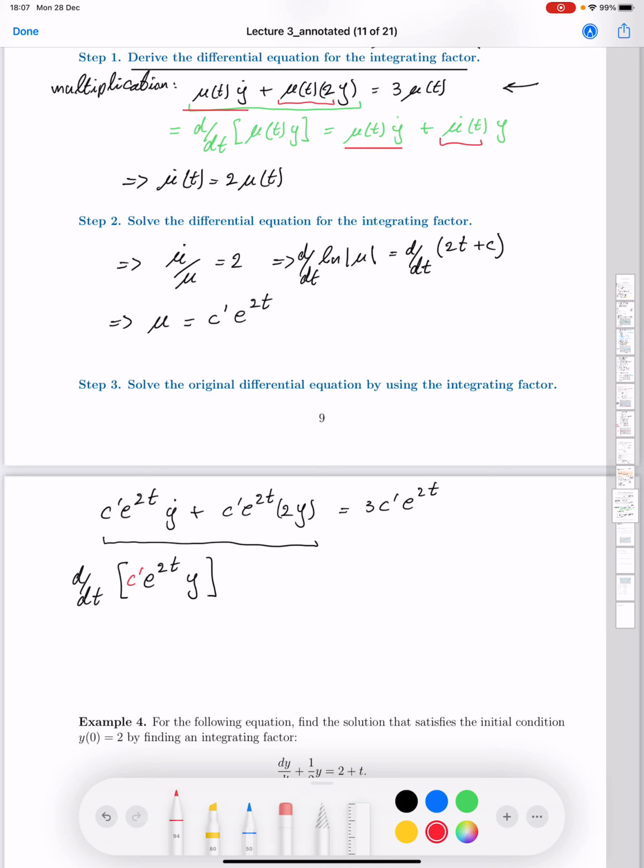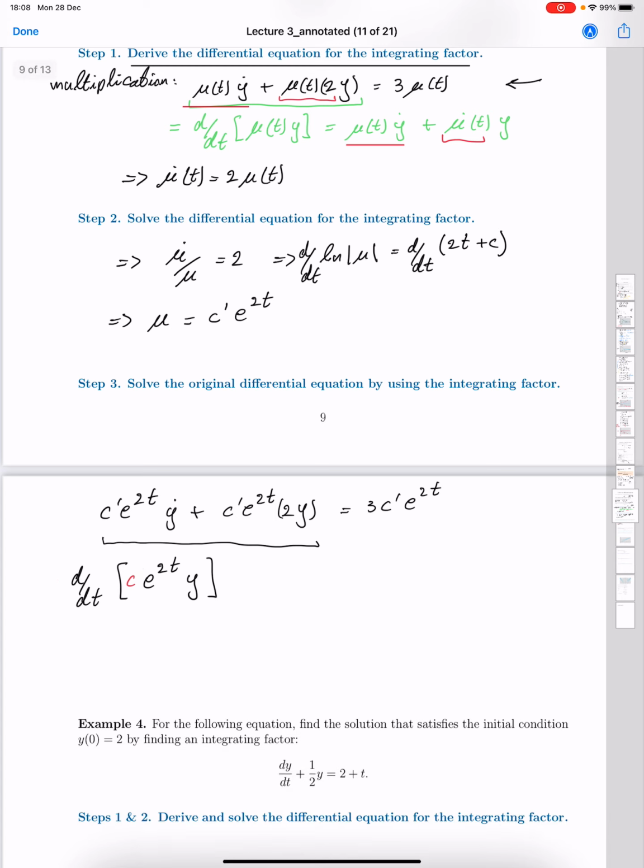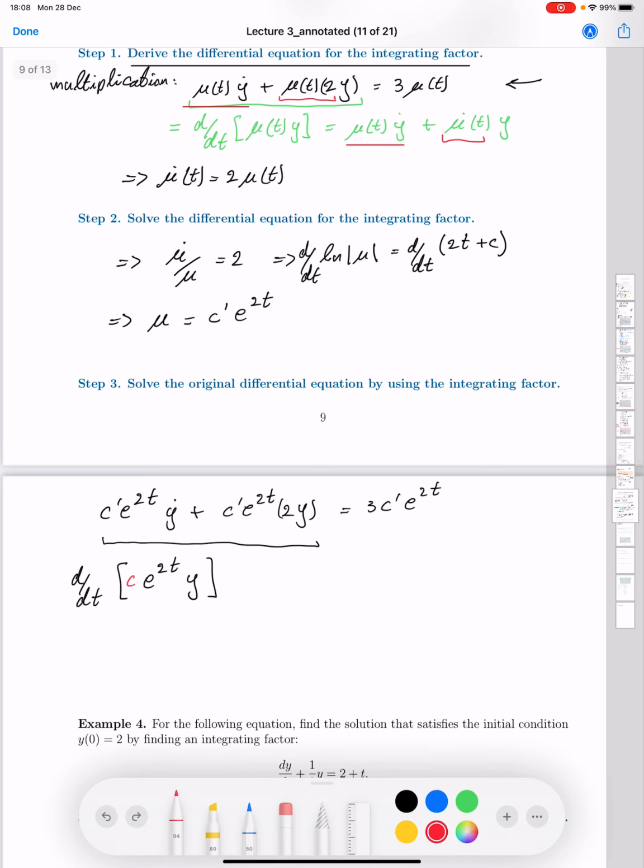You can just take it out of the whole thing and then cancel it out with the other c prime on the other hand side. So for this reason, we really don't need to worry about this coefficient c prime.